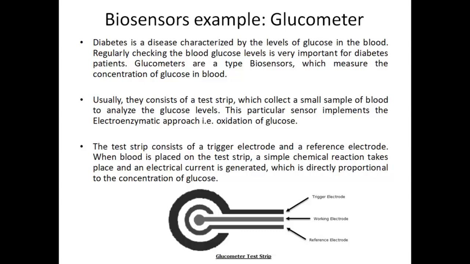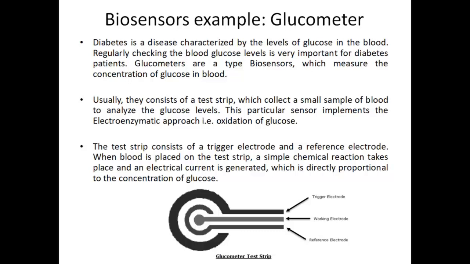So basically over here, if you see in this small chip, they have a trigger electrode. Trigger electrode is something you can say works like a battery. Okay, then you have a working electrode and a reference electrode. So this is basically, you must have studied electrolysis in your preliminary classes, something similar to that.